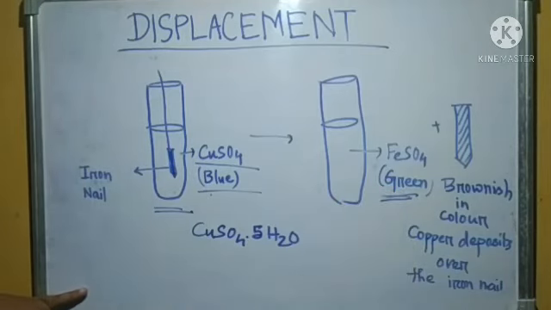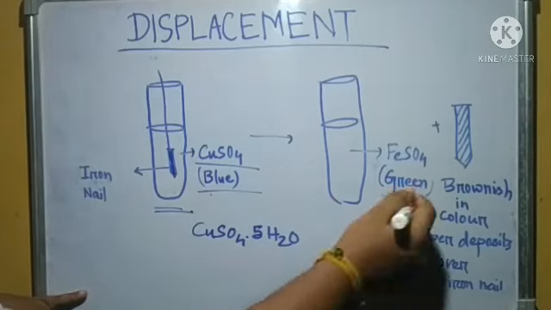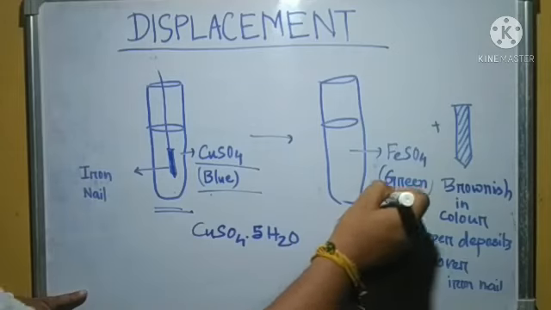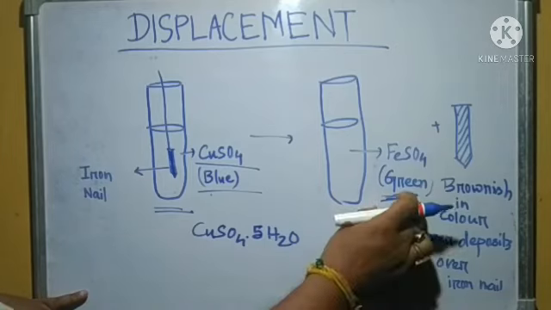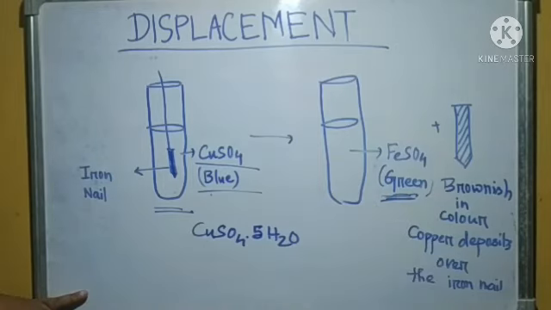Now our objective is to find out why the green color has appeared instead of the blue color. The answer is that this green color is because of ferrous sulfate, which we have already seen in our previous discussion of decomposition reaction.